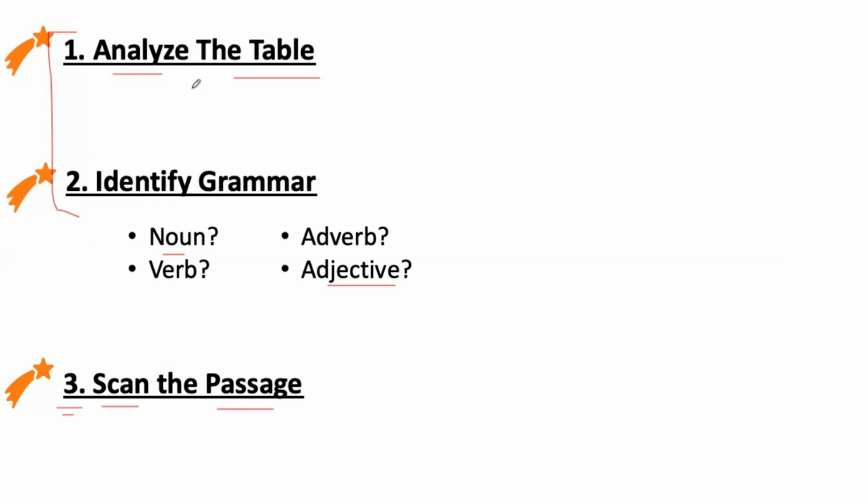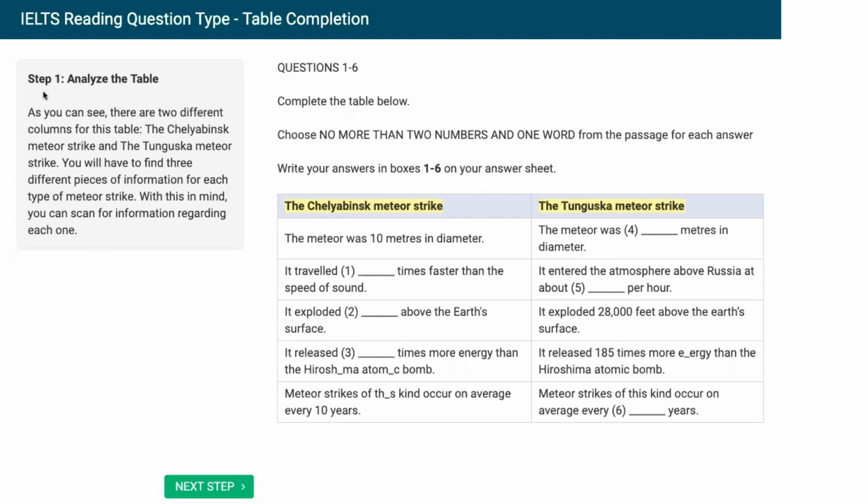Let's go ahead and start with our step 1. Okay, so here we are with step 1. We're going to analyze the table. On the right-hand side, you see we have the table here with our questions 1 through 6. So we have 3 questions on the left-hand side and 3 questions on the right-hand side. So there are 2 different columns for this table: the Chelyabinsk meteor strike and the Tunguska meteor strike.